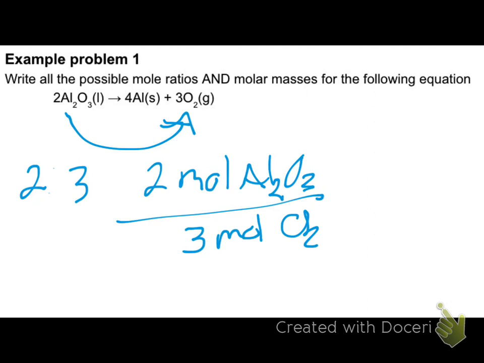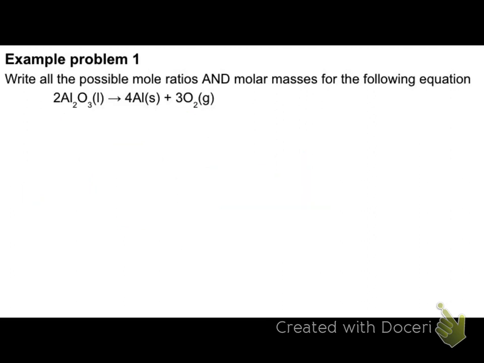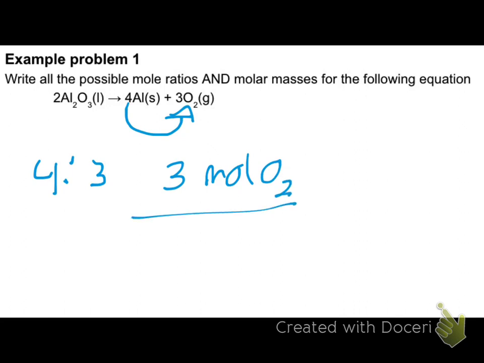And then the last one that we should be looking at is between aluminum and oxygen. So that ratio would be 4 to 3, doesn't reduce again, and again, you can write 3 moles of oxygen to 4 moles of aluminum, and you can flip them and write them the other way as well.